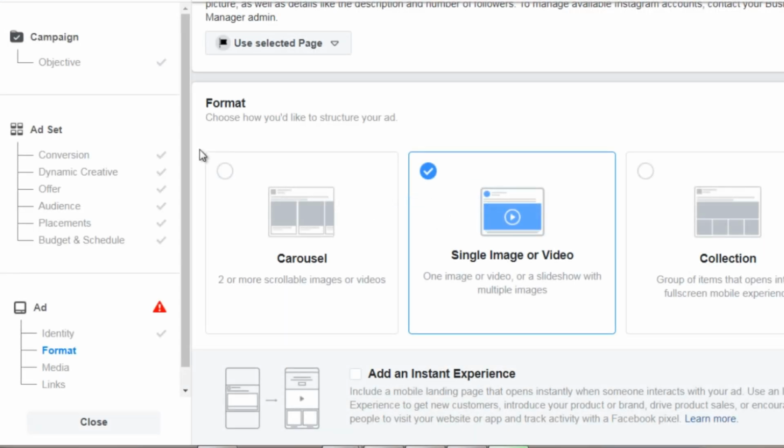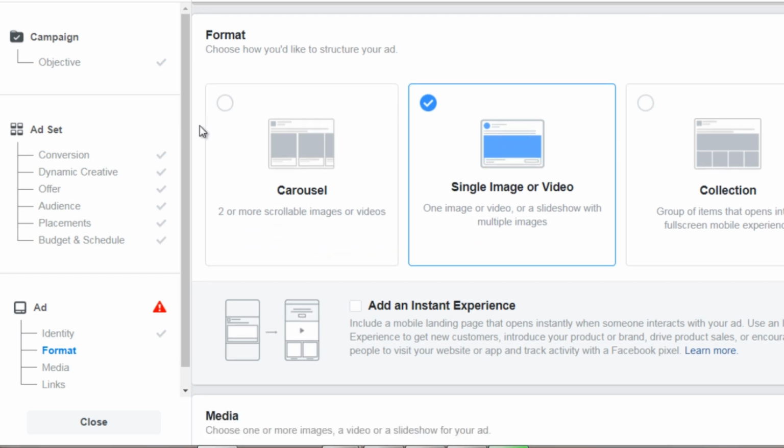Okay, so this is the ad, and what you want to do first is up at the top, you're going to want to choose the Facebook fan page that you're going to advertise from. Next, right here, you're going to select the Instagram profile if you have one. If you don't, and you're not advertising to Instagram, don't worry about it. The next thing is format, which is different types of ways that Facebook will show your ad.